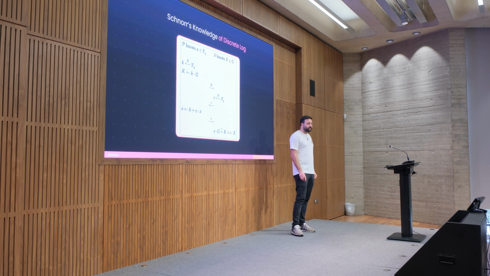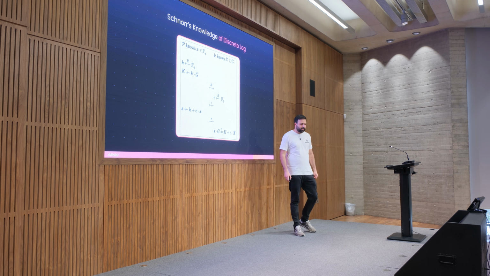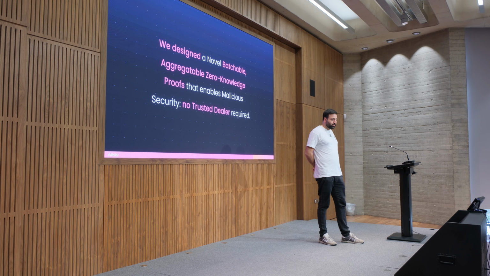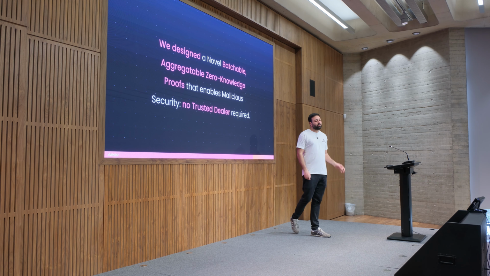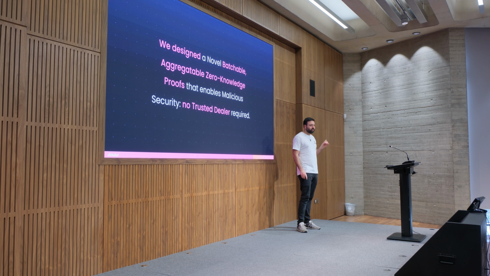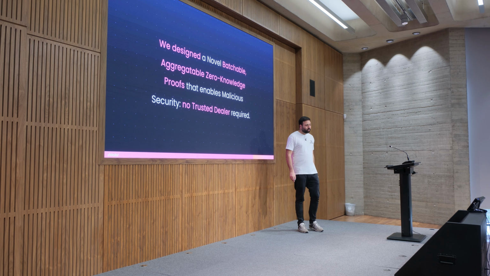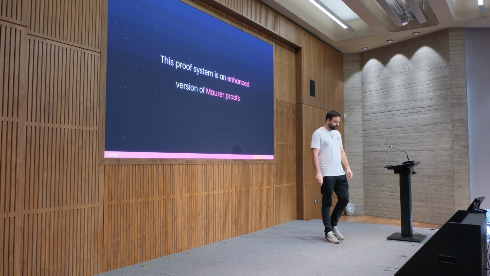And the verifier can verify that you had to know x in order to do this. And using a generalization of Schnorr, we designed a novel, batchable, aggregatable, zero-knowledge proof system that enables malicious security for GGN16, so no trusted dealer is required.